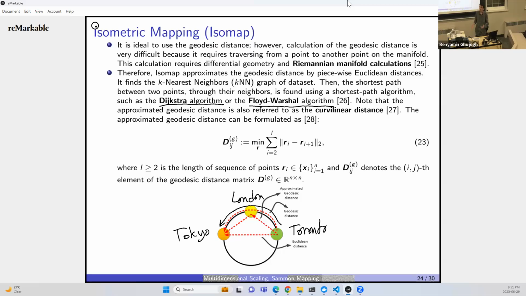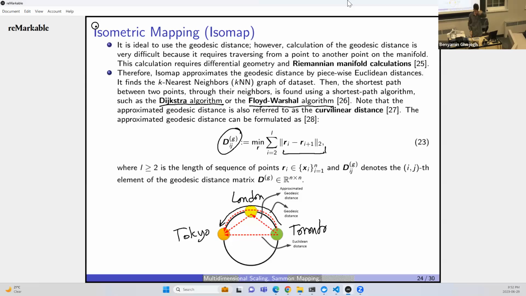So we use Dijkstra algorithm to have, as you see, piecewise linear. This is the linear distances. And then we approximate geodesic distance. I denote it by G, geodesic distance. So I have a distance matrix whose elements are calculated by the approximate geodesic distance, which I explained.